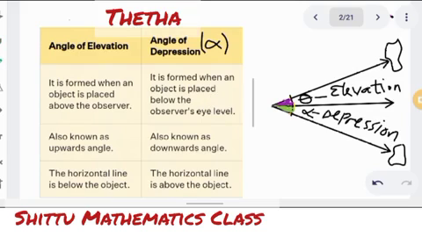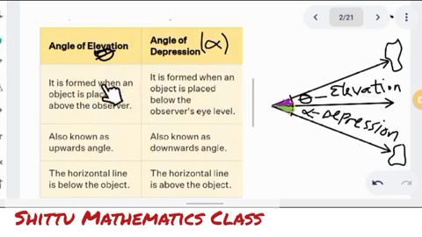If you look at this, we have angle of elevation, which I said is represented by theta. You can see this angle of elevation is formed when an object is placed above the observer, and this one is formed when an object is placed below the observer.